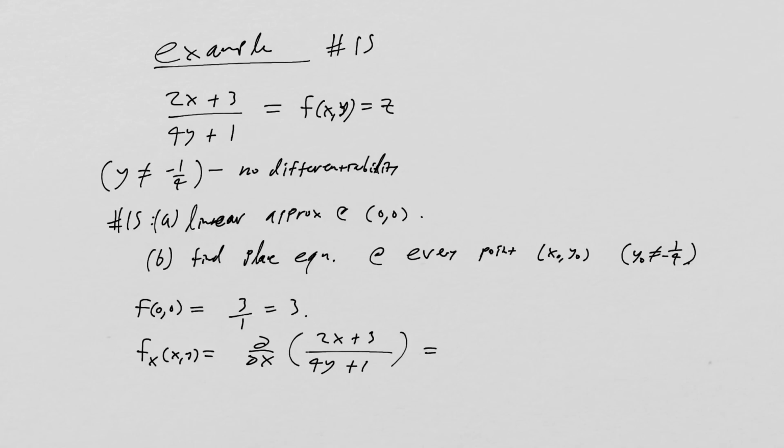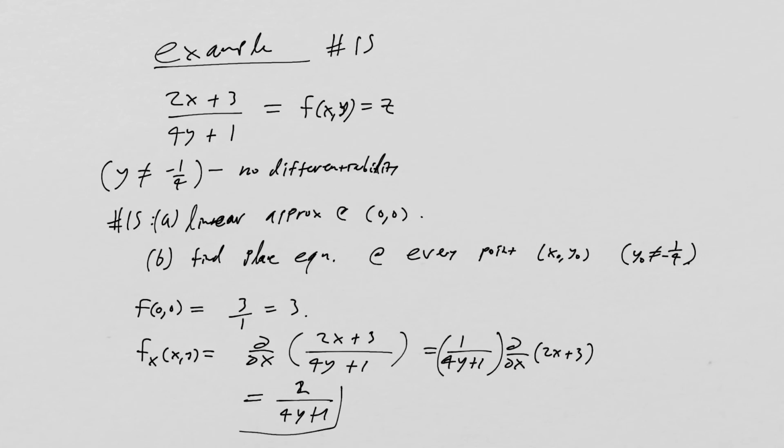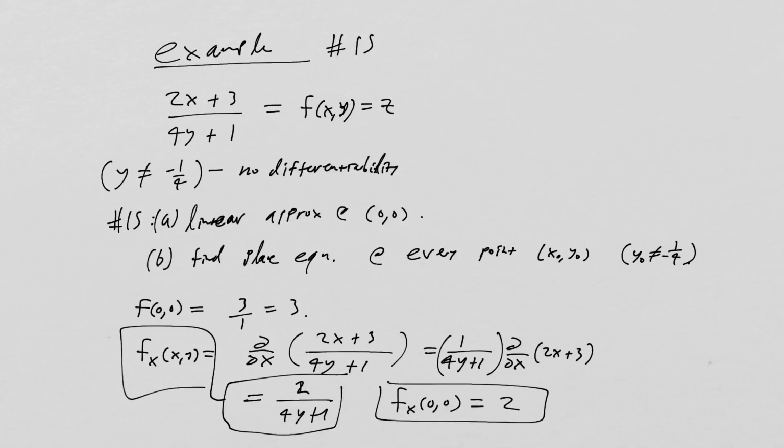Remember that the 4y plus 1 is just a constant with respect to the derivative of x. So I can do this, and what I'm going to get is 2 over 4y plus 1. Okay, there we go. So fx at 0, 0 is going to be 2. Okay, cool.